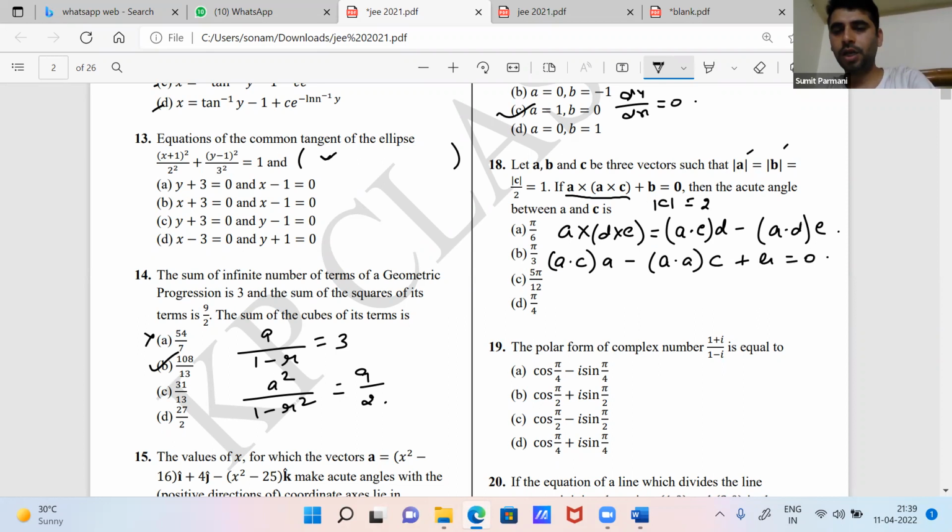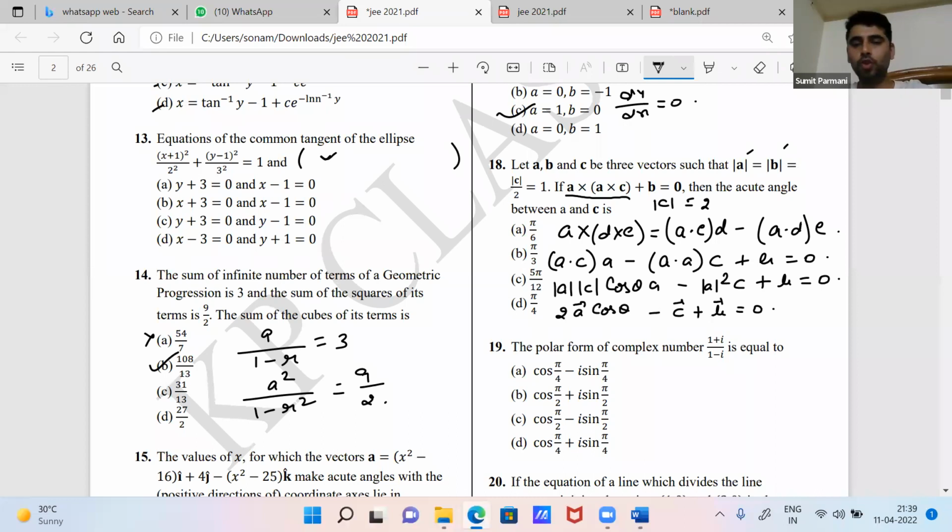Okay, now for a dot c we can write mod a mod c cos theta a minus mod a square c plus b equals 0. Mod a is 1, mod c is 2. So this is 2 cos theta a vector minus vector c plus vector b equals 0.